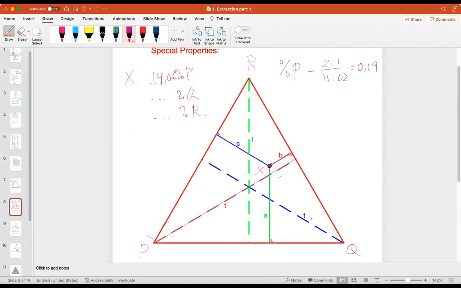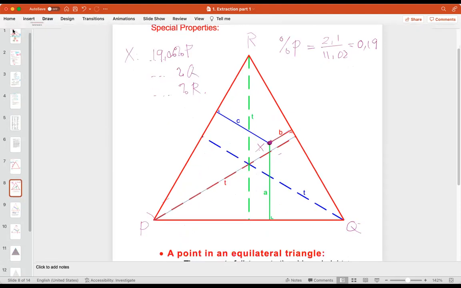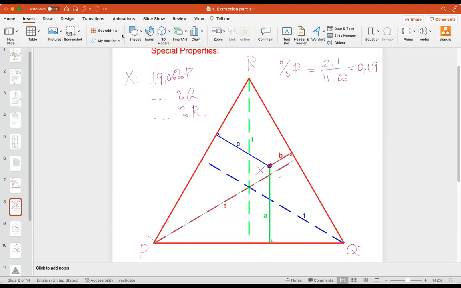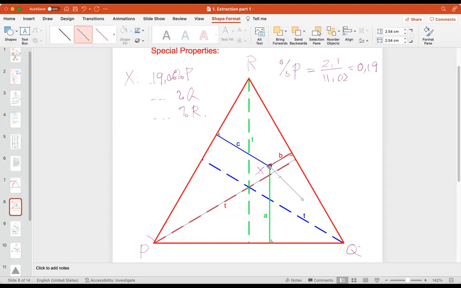Now, for example, you want to find the percentage of Q. You can use Q as the point here, and then find the line that is perpendicular to the base, tegak lurus, and then measure that line.